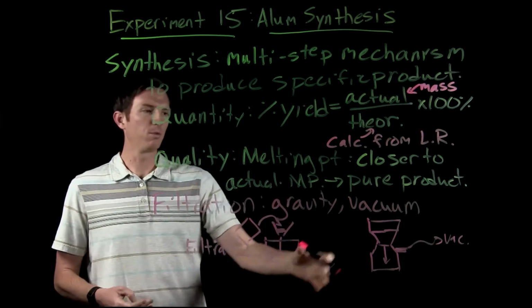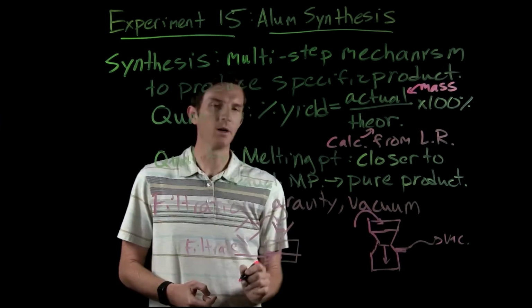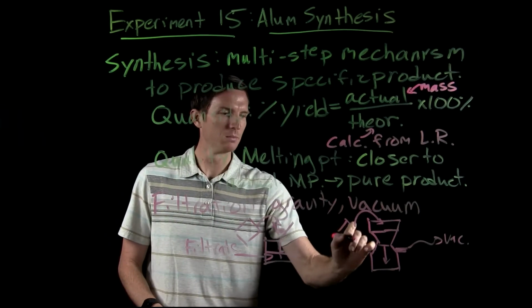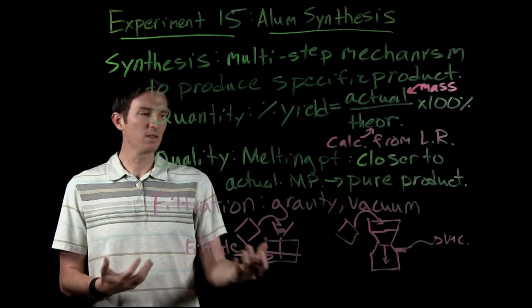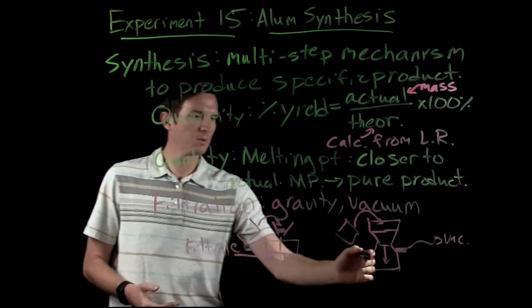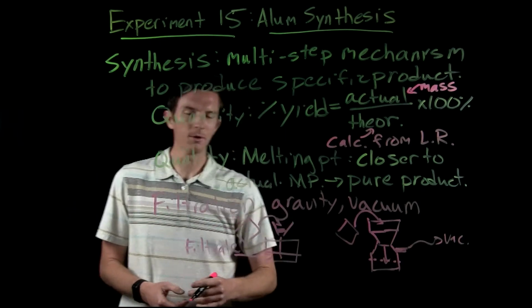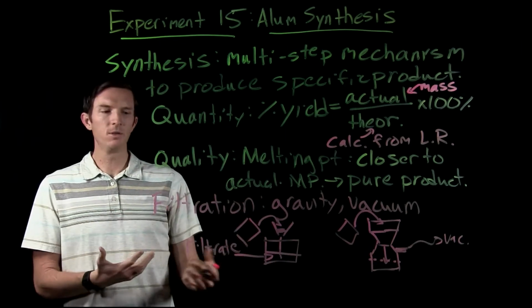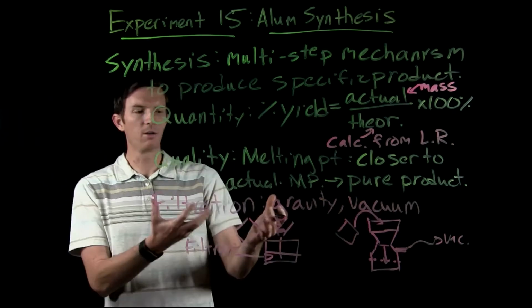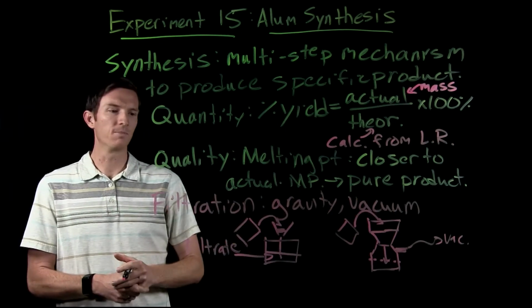Instead of allowing gravity to pull it through, we're going to pour our liquid into here. Okay, and in this instance, we are going to still get our filtrate to come through.